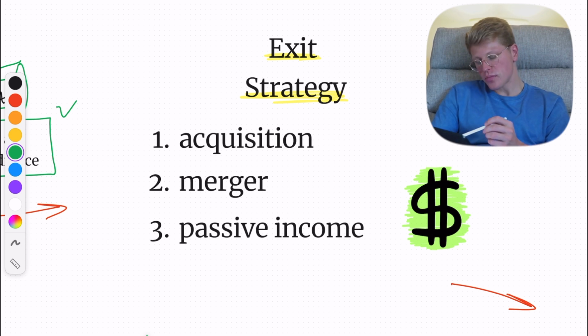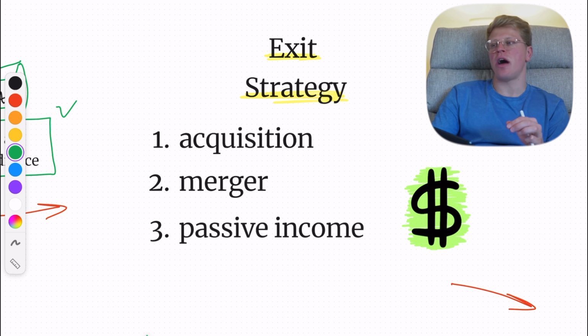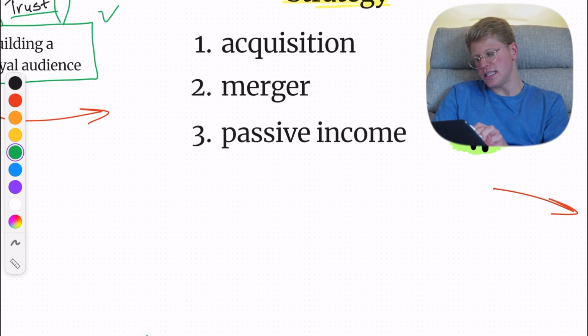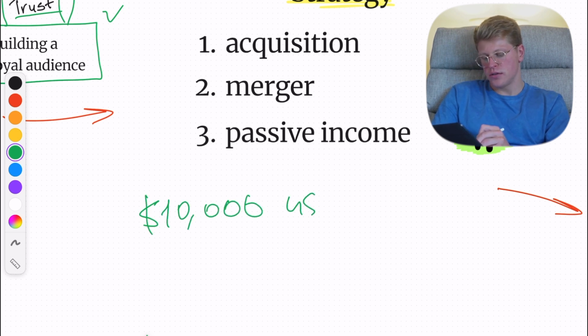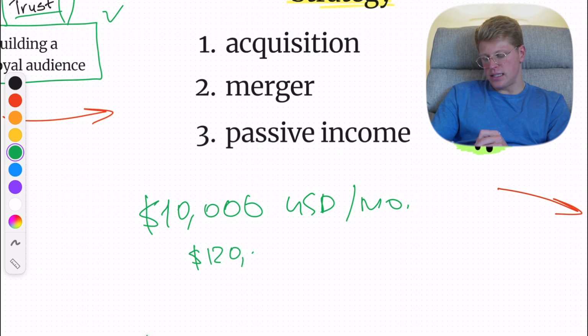So when you eventually build a business, right, and let's say you have X amount of traffic, and your business is generating $10,000 per month. Okay? Now, in a year, that's about 120,000, right?